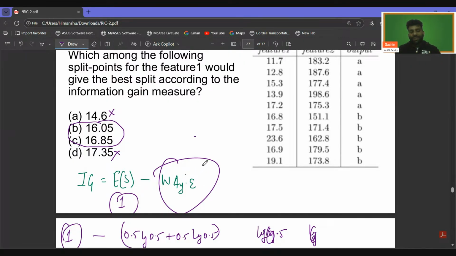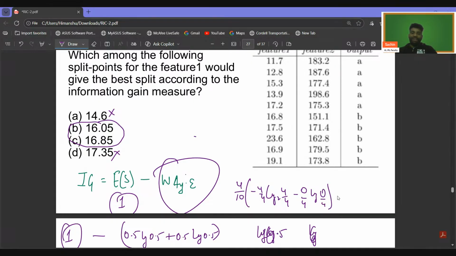So if I'm just talking about this one, let me write down 4 upon 10, minus 4 by 4 log 2 of 4 by 4, and then again a negative sign, 0 by 4 log, which is going to be 0, so we shall not really be picking it up.